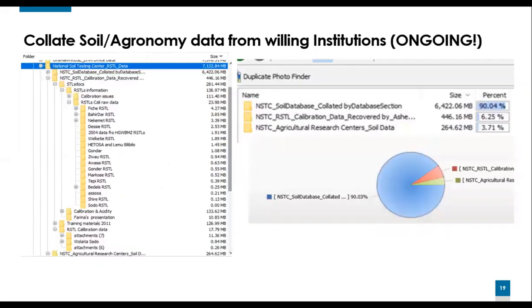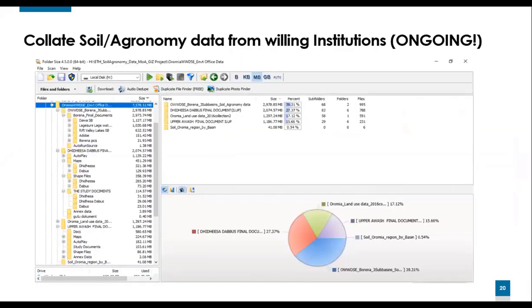So this is also some of the collated data from the federal and regional soil testing laboratories. This is also an ongoing activity. This is again the type of data collated from Oromia Water Works Design and Supervision Enterprise, mainly survey-based soil and agronomic data.